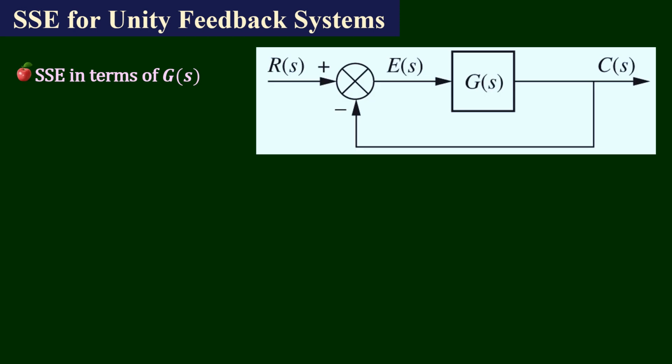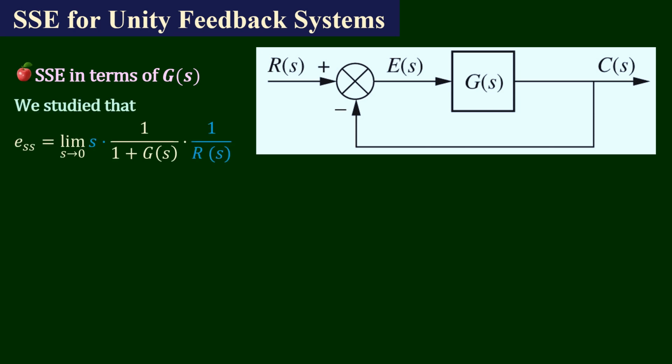In the previous lecture, we considered this closed loop system and we discussed the steady state error. Just to recall the basic things we did, we said that the steady state error will appear in this format after some algebraic manipulations.